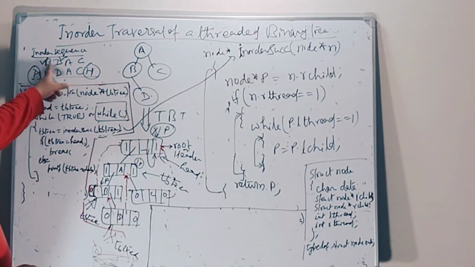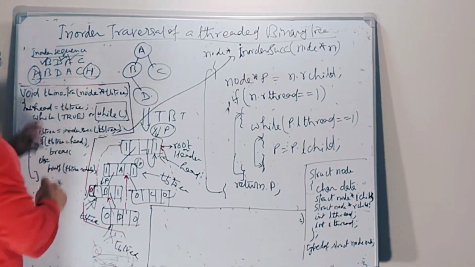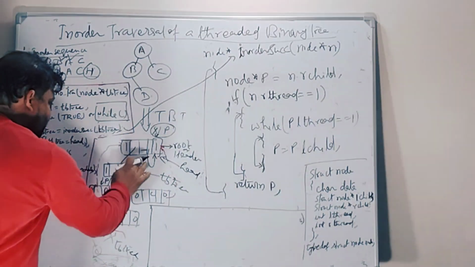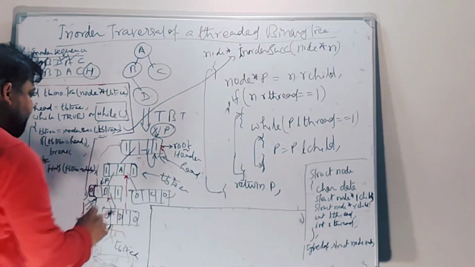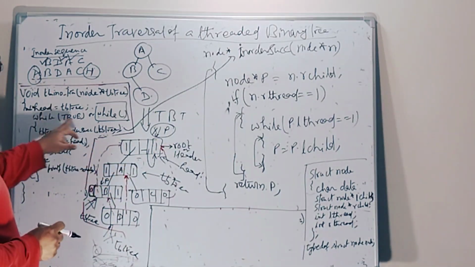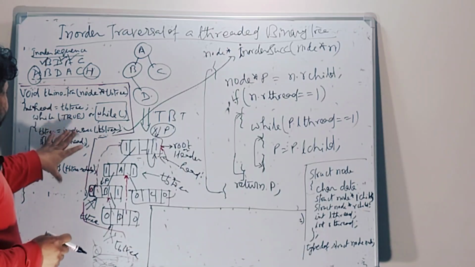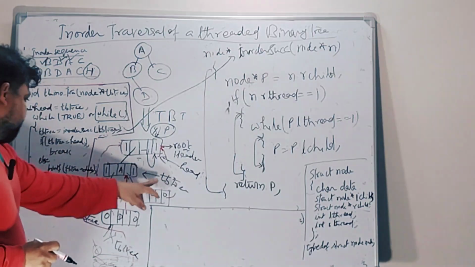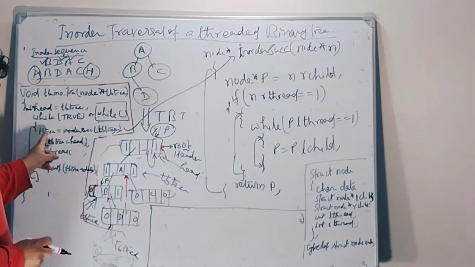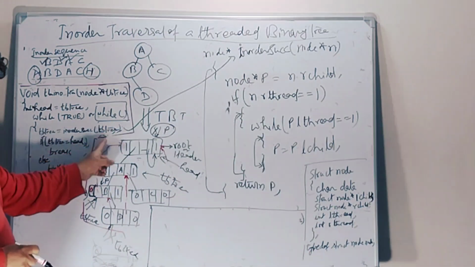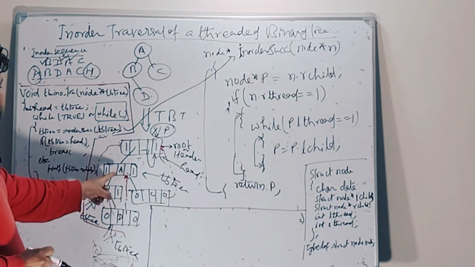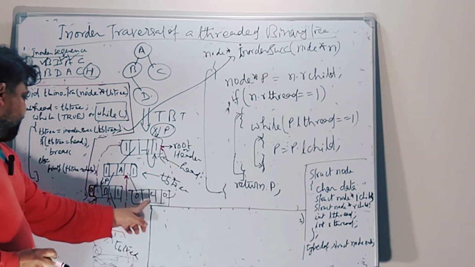So the tv_tree data, that is A, will be printed. Now tv_tree is pointing over here. Once again the while will continue, because there is nothing to break. So while true or while blank, no condition. So tv_tree in-order successor of tv_tree, now it will search for the successor of A, and obviously the successor of A will be C.